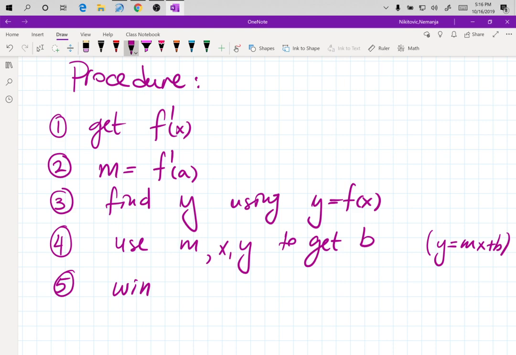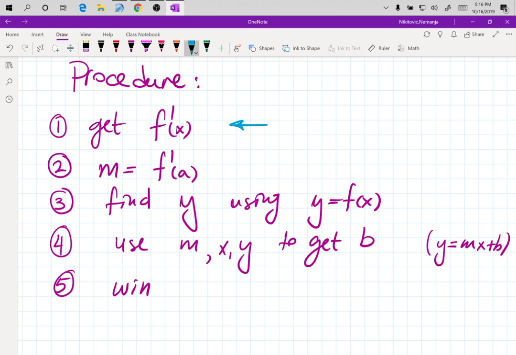So the only thing that changes is number 1. I'm going to point the arrow into number 1, and I say it depends on the type of the derivative. The rest is the same no matter which section you have.